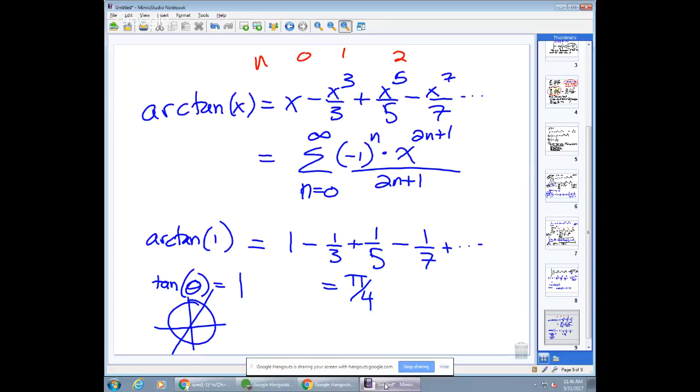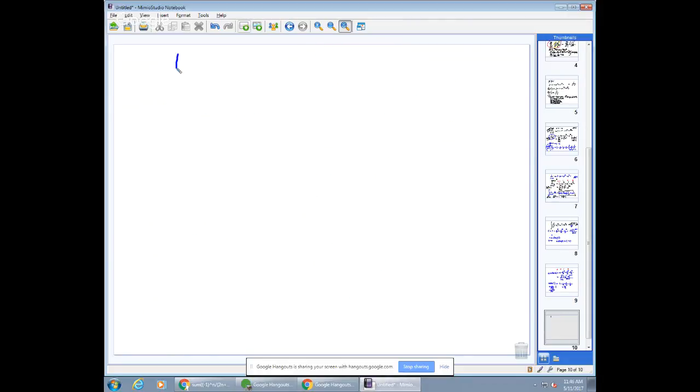Let's take, did I get that right? Sorry. Yeah. Go back to our original here. 1 over 1 minus x equals 1 plus x plus x squared plus x cubed, and so on. Eventually, we have an x to the k, and it keeps going. We're going to differentiate this.